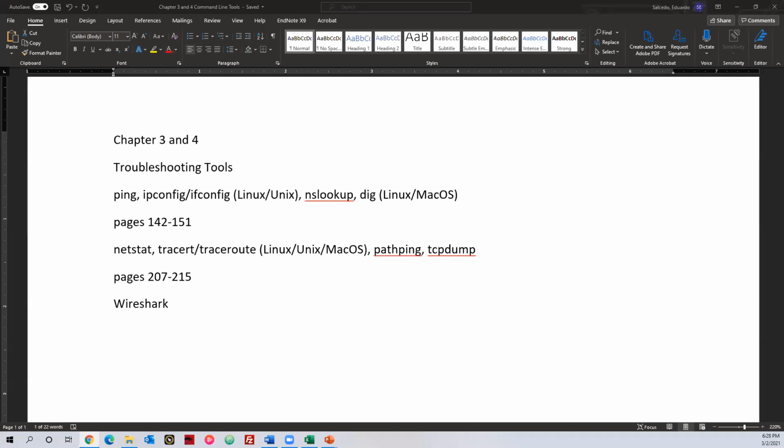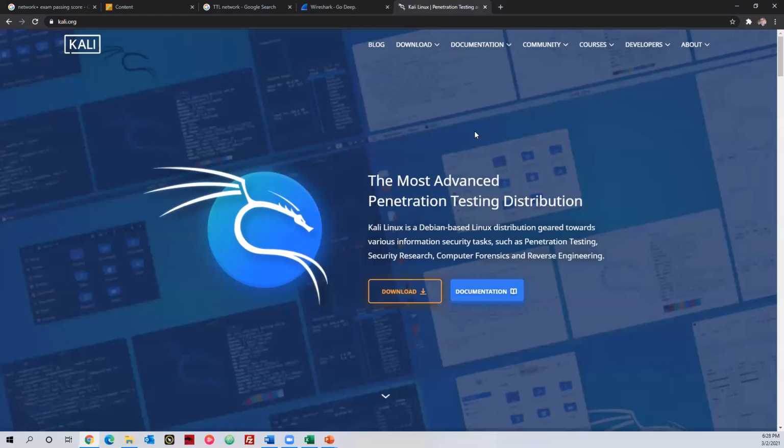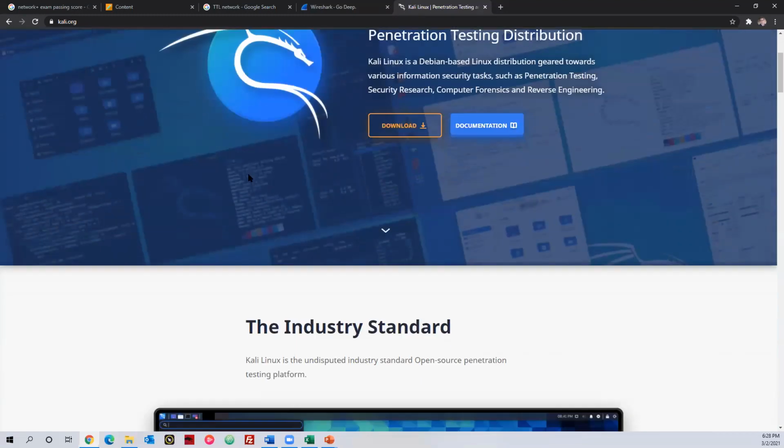Kali Linux. If you ever have the disposition to try Linux and you want to mess with pen testing and ethical hacking and all that stuff, you'll probably end up using this.